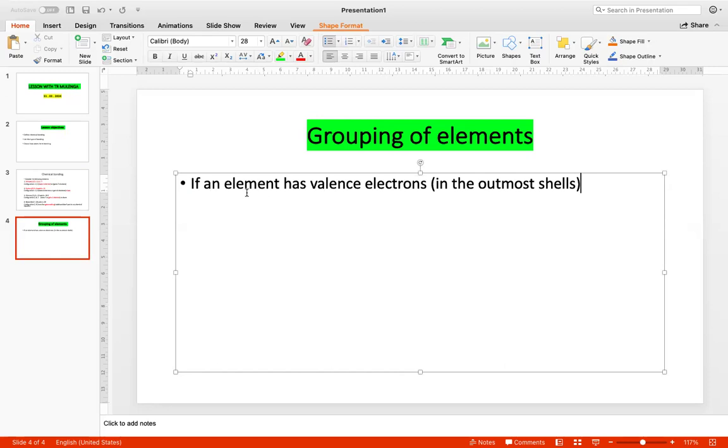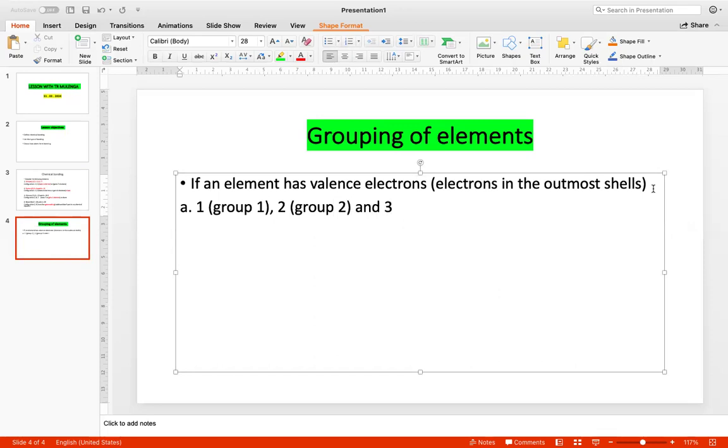If an element has valence electrons, the number of electrons in the outermost shell, how many should they be? One electron, those that are in group 1. Two electrons, those that are in group 2.